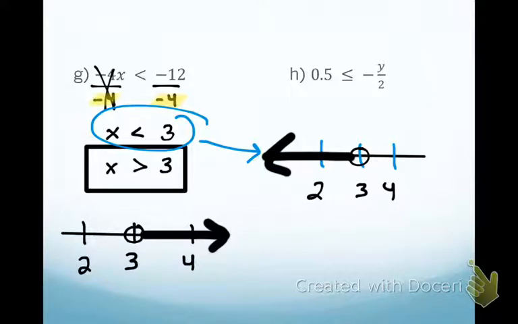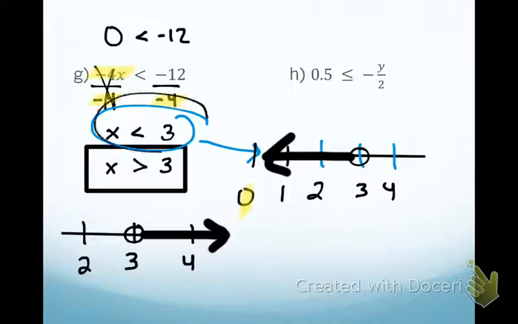So let's just imagine as I went over here to the left, I eventually would have gotten to 1 and then to a 0. So let's just imagine that I plug in this 0 right here to my original equation. Guys, what's negative 4 times 0? 0. So this would have said 0 is less than negative 12. Is that correct? No, 0 is more than.